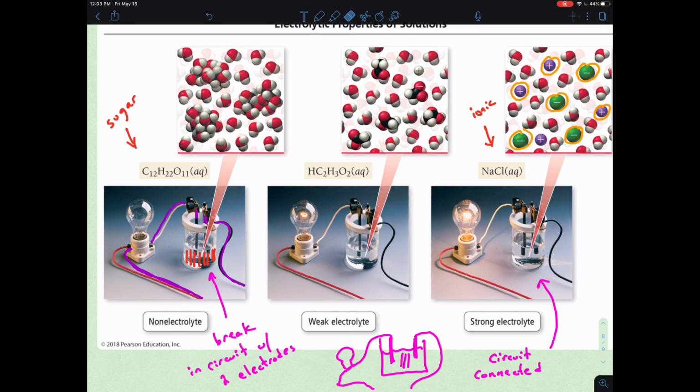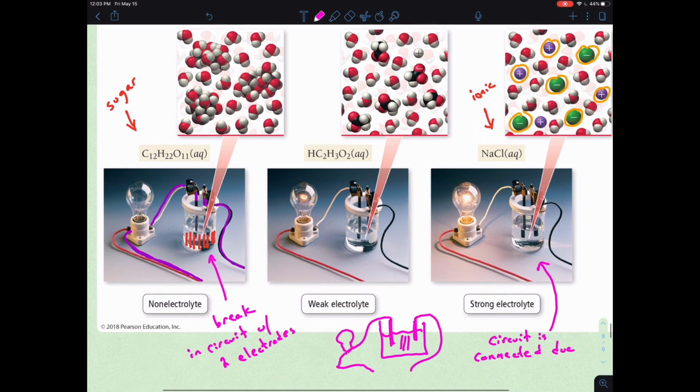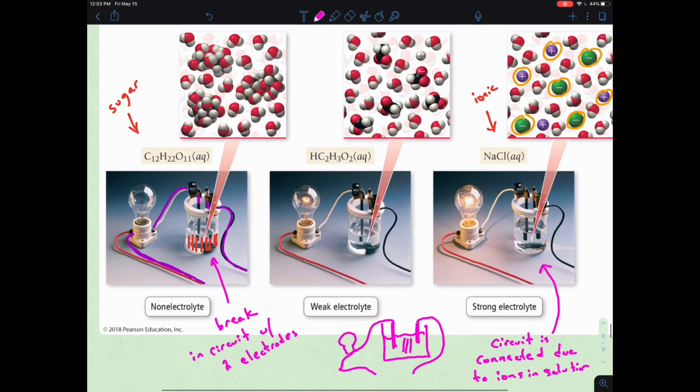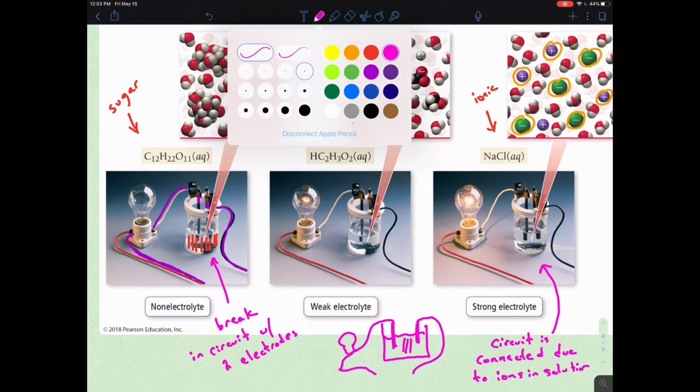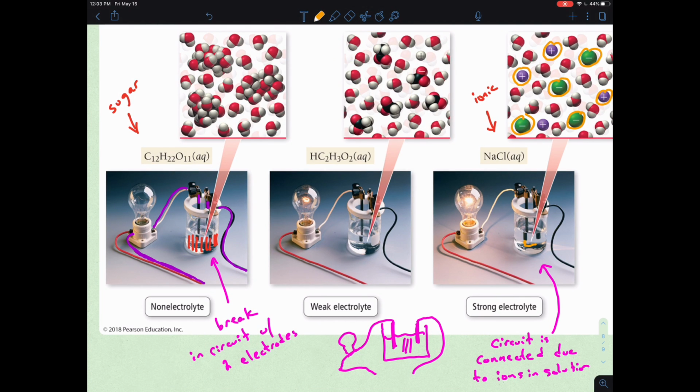And that's because of those ionic molecules, sodium chloride, that are dissolved, these ions. So, due to ions in solution, as a result of that, we actually do have now a connection essentially occurring between the two electrodes that are in solution.